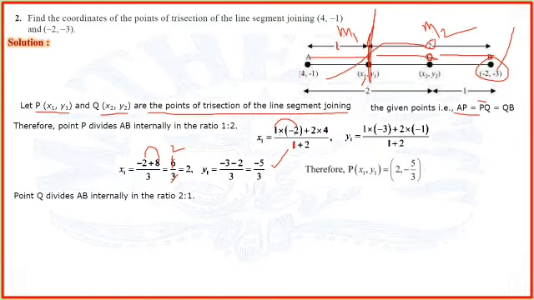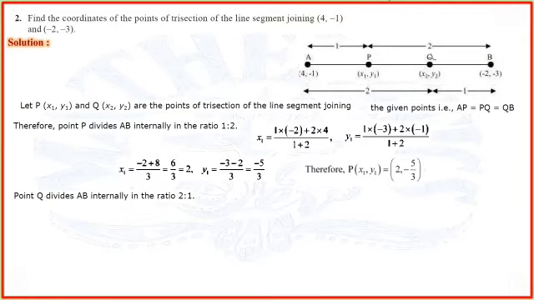Now we go for Q. What is Q actually? This Q divides the line segment into these two parts in the ratio of 2 to 1. In the same fashion as we found the coordinates of P, we will find the coordinates of Q. Here m1 is 2 and m2 is 1.